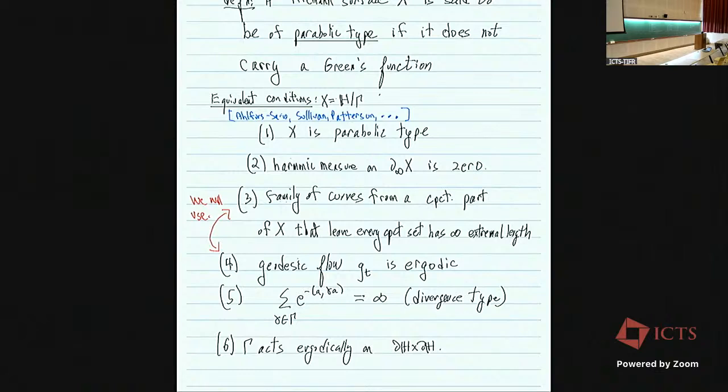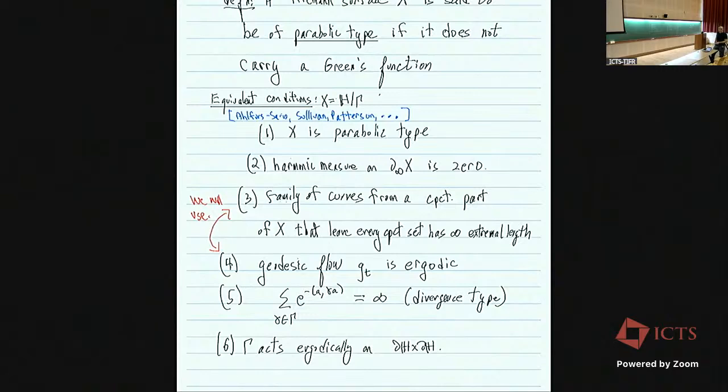Okay, maybe I'll say what that is in a moment. That's equivalent to a family of curves from a compact part of X that leave every compact set having infinite extremal length. That we're actually going to talk about in today's arguments. And that's equivalent to the geodesic flow being ergodic on your hyperbolic surface. That's equivalent to the Poincare series at the exponent 1 diverging.